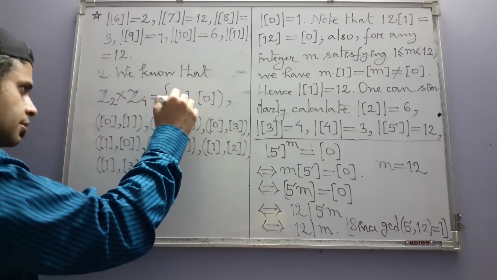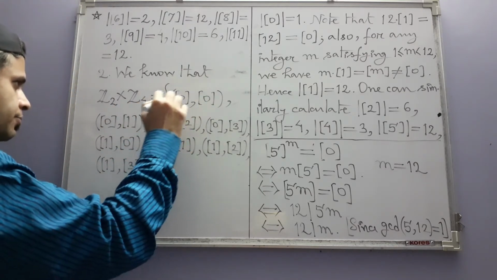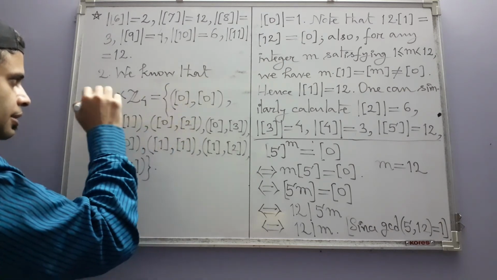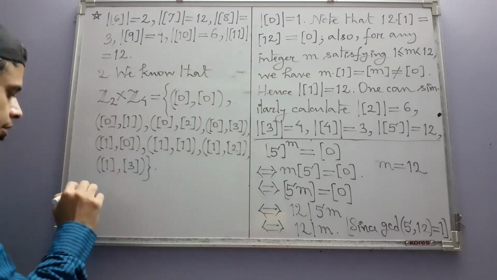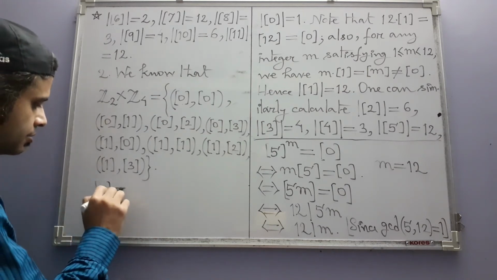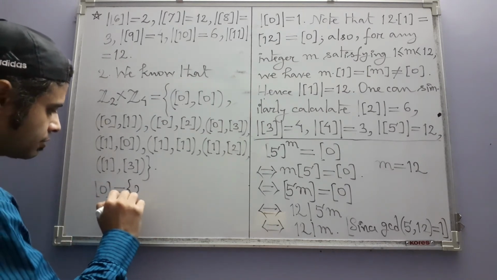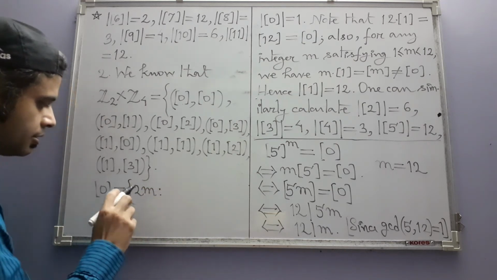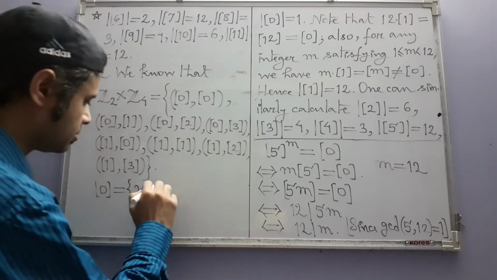Because this 0, the congruence class 0 within square brackets, is coming from Z2, it's the congruence class modulo 2, that is, it is the set of even integers.